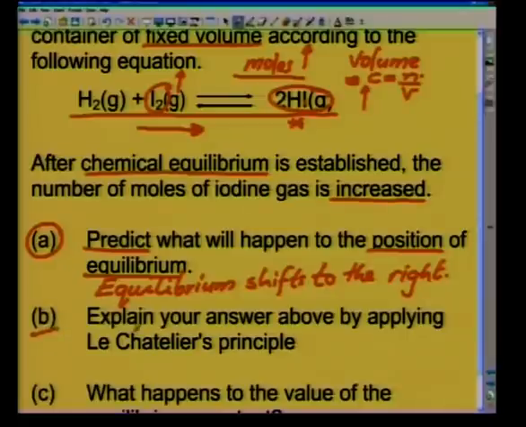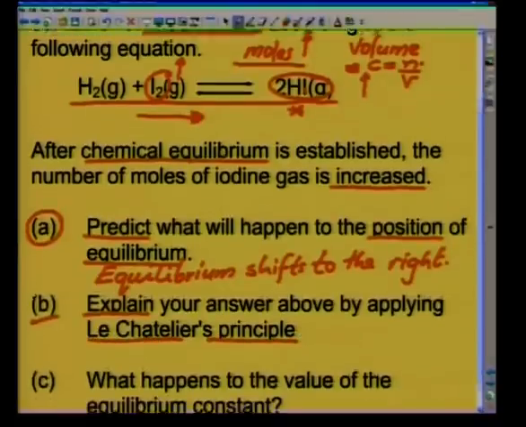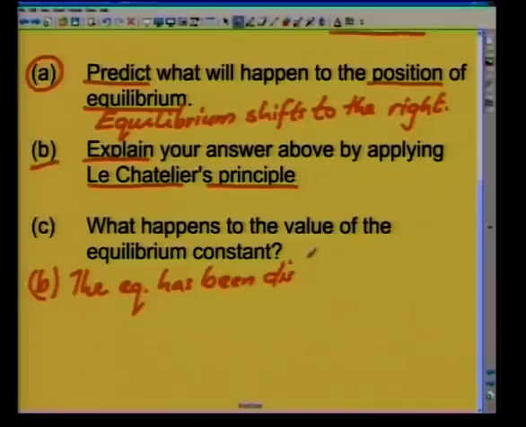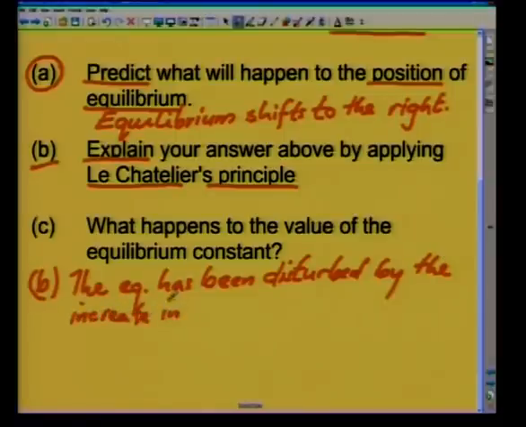Question B says, explain your answer above by applying Le Chatelier's principle. Okay? Now, how can we explain that using Le Chatelier's principle? What we need to understand here is that the equilibrium has been disturbed by the increase in iodine concentration.